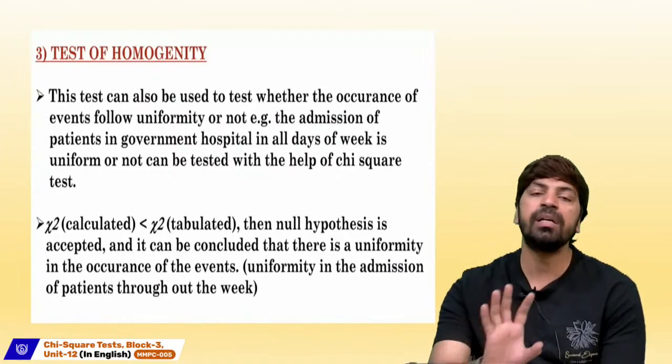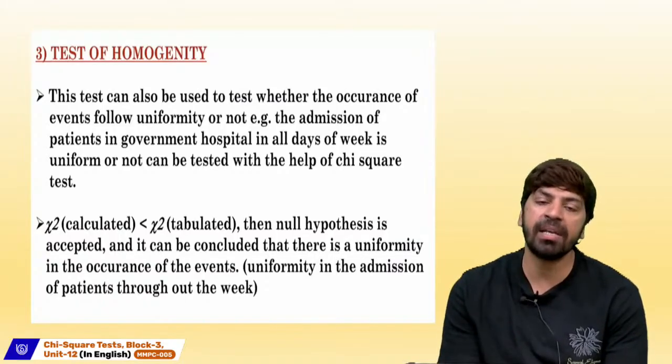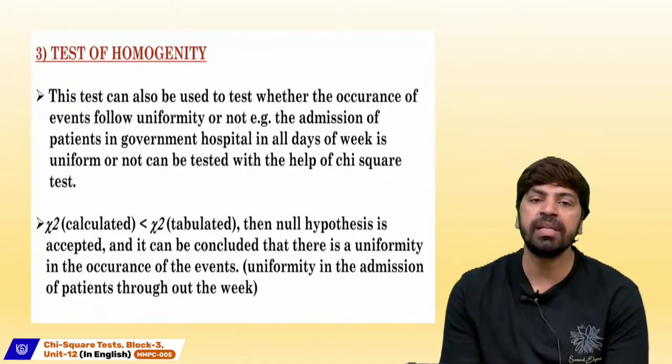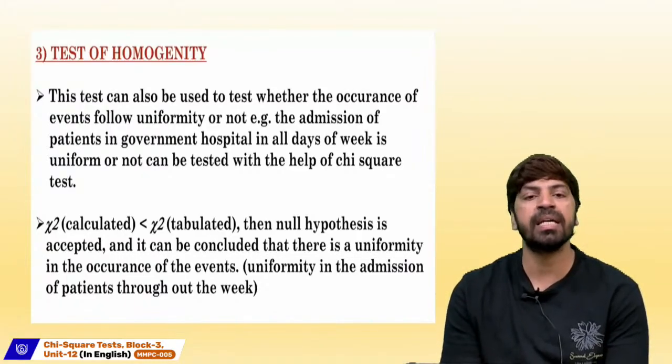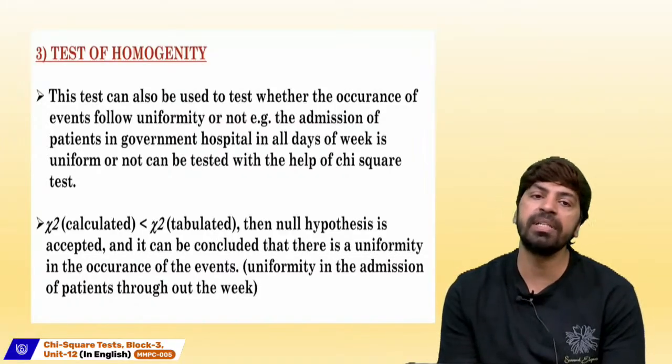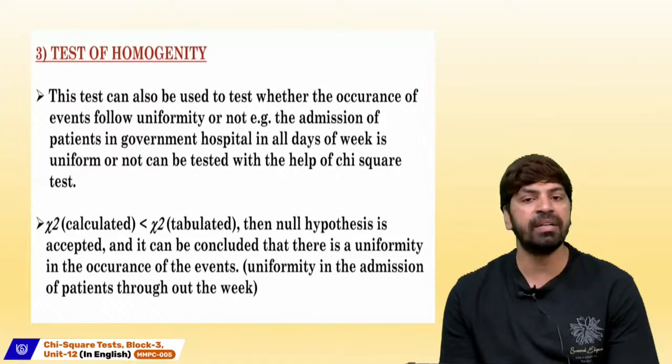So if the chi-square calculated value is less than the chi-square tabulated value, then the null hypothesis is accepted. So it can be concluded that there is uniformity in the occurrence of the events.